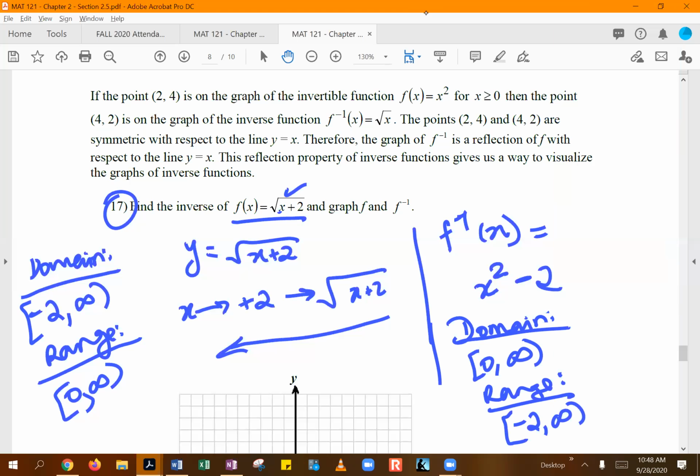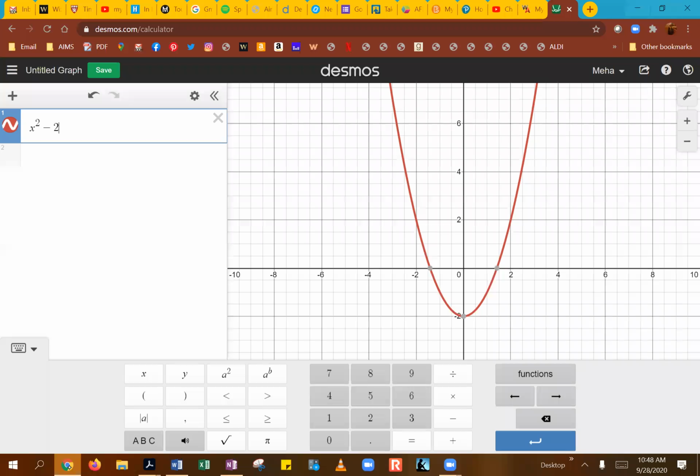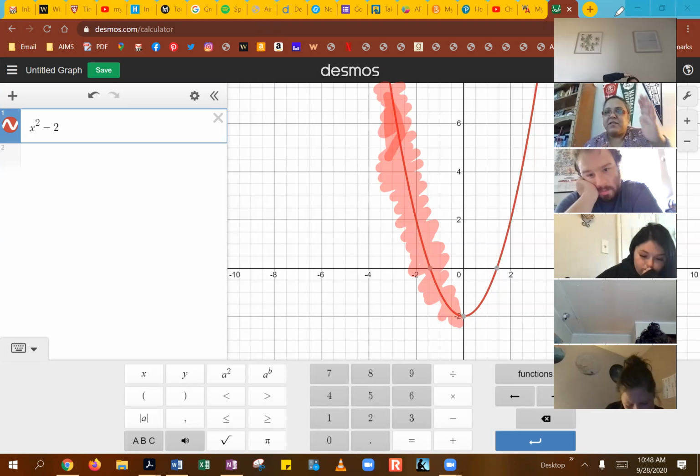So when we say domain is going from 0 to infinity, that actually means you are ignoring this entire graph on the left-hand side. All of this is actually not going to be part of our graph because you're only starting at 0 and going to positive infinity, right? So if you imagine that left-hand side is not there, then our function will pass the horizontal line test, right? Because now our function will only cross at 1 point.